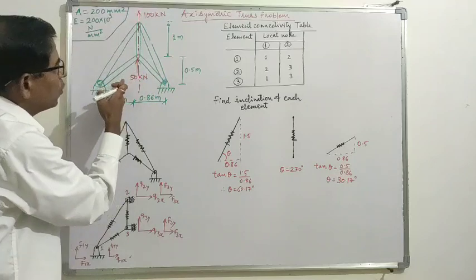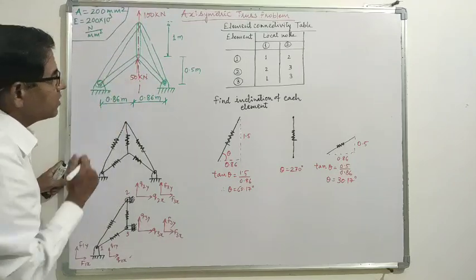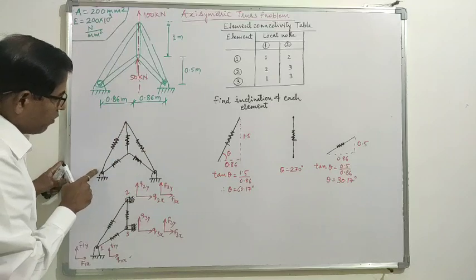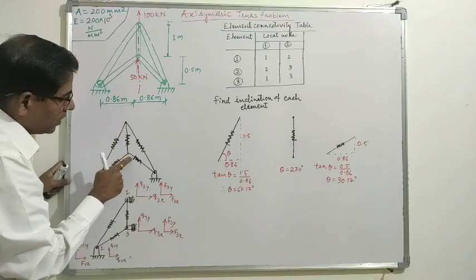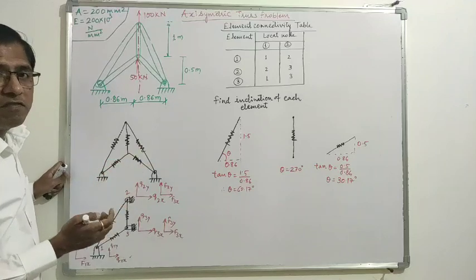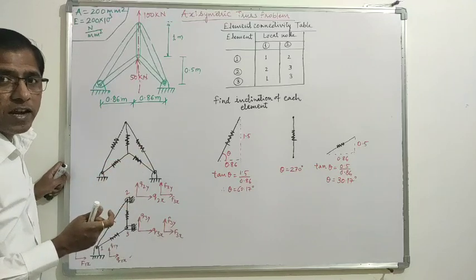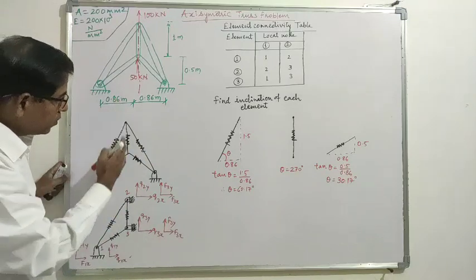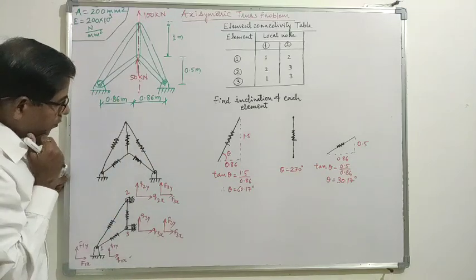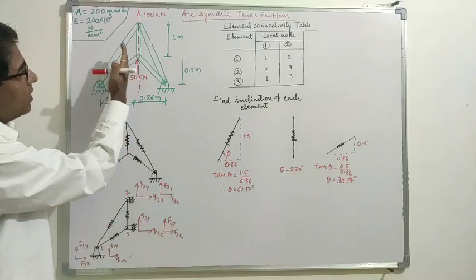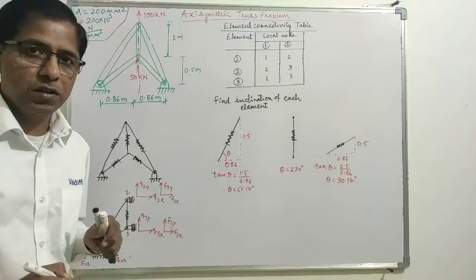If you discretize the original truss problem, it would look something like this. There will be 4 nodes, so that will make the global stiffness matrix of size 8 by 8. But we can reduce the problem and take only the half portion.